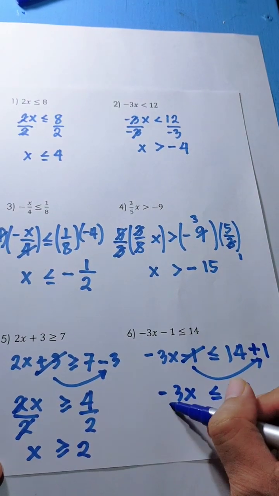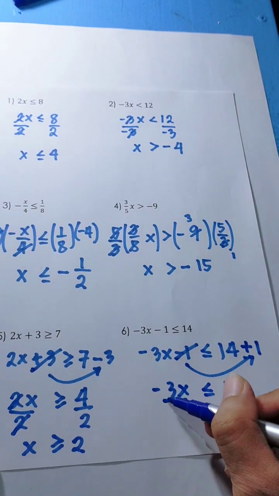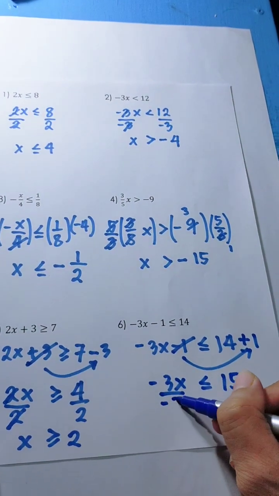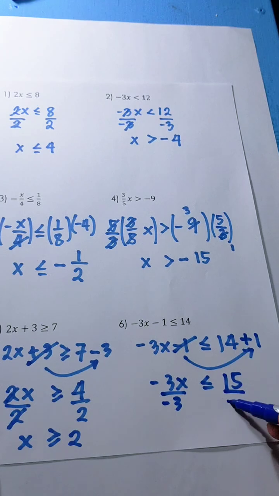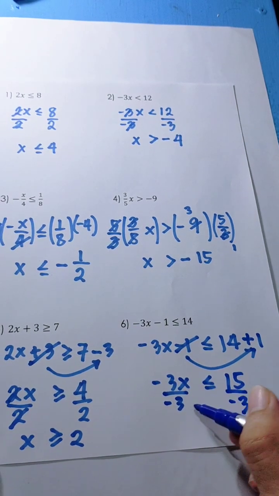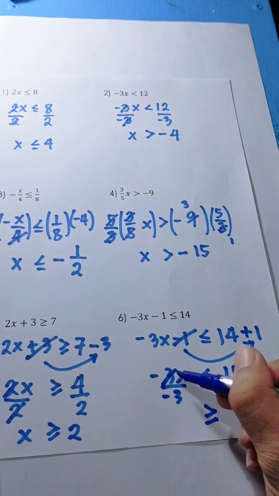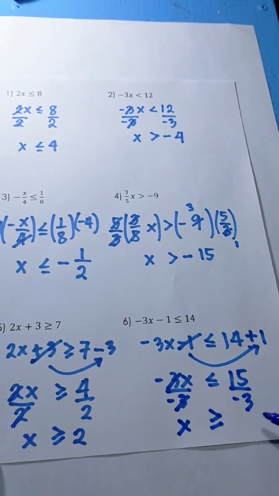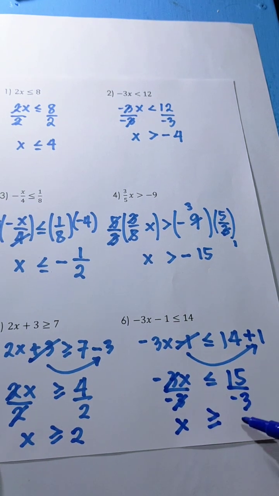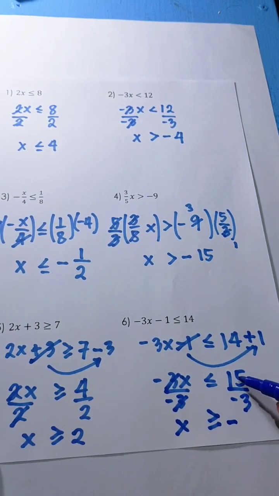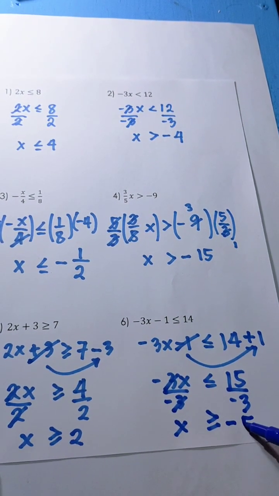And then we divide by negative 3 to take away the negative 3 coefficient. That's a negative, so our inequality will be reversed. Positive divided by negative is negative, and 15 divided by 3 is.